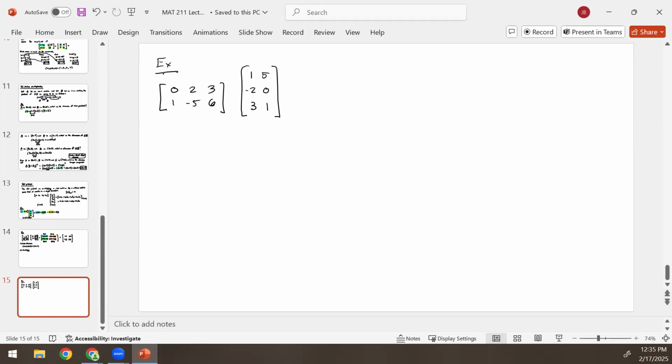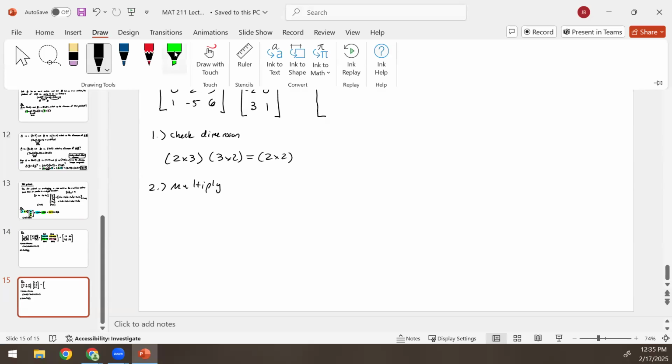So if we have a matrix like this, check dimension. And so we have a 2 by 3 and a 3 by 2. Then we have a 2 by 2. Okay. And so we're good. Now we multiply. So if we multiply, we are going to do 2 by 2.